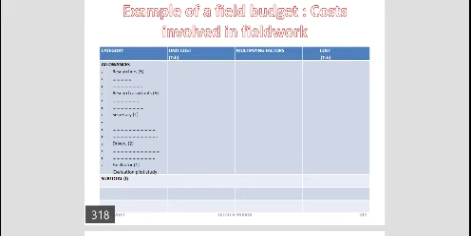Maybe it's 100 shillings. So in unit cost, you write 100 shillings. When you come to total cost, you multiply by 5. So for the allowances for researchers, you need 500 because there were 5 and each is paid 100. I think you understand the concept.